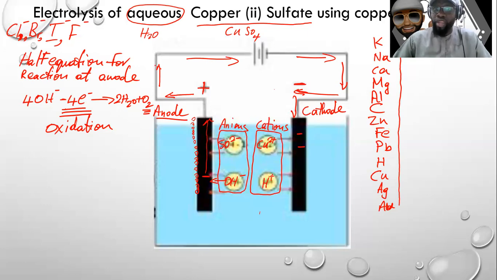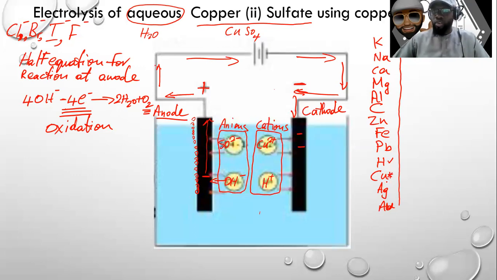So I say the most reactive ion will stay in the solution. The least reactive will form the product at the cathode. So the least reactive, as we can see here between hydrogen and copper, is our copper, because hydrogen is above it. Hydrogen is there, copper is there.